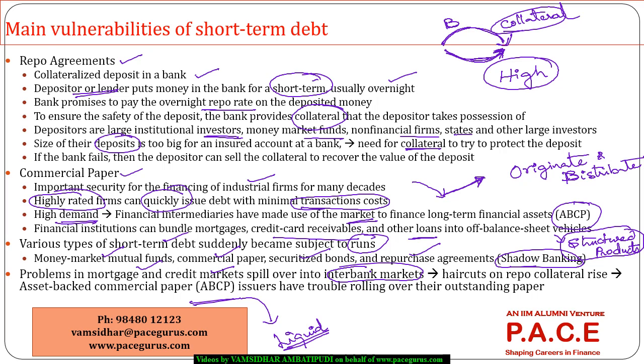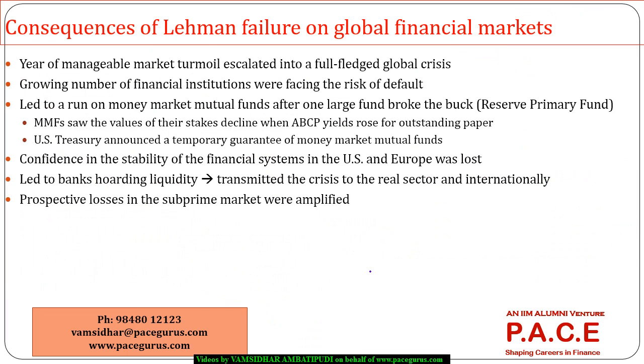So this is where the major vulnerabilities came up, especially with respect to short-term debt. And in September 2008, Lehman collapsed. Until Lehman failed, the typical industry was thinking of a manageable market turmoil.